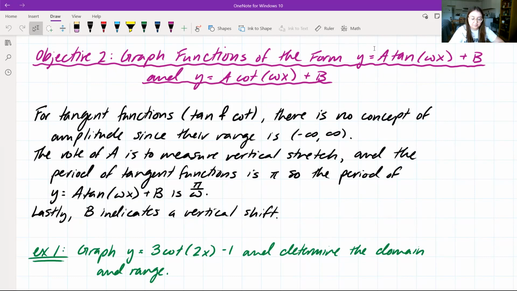Lastly, b just indicates a vertical shift. Once again, we're going to do these problems by graphing using key points. Remember, those were our 4 steps. We factor in that vertical shift at around step 3 when we find the y values in our key points.